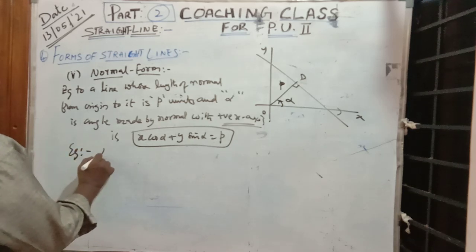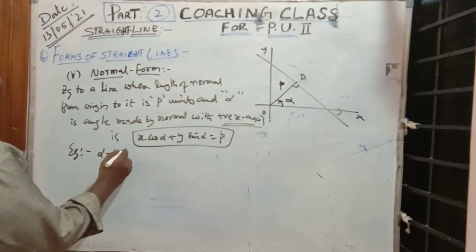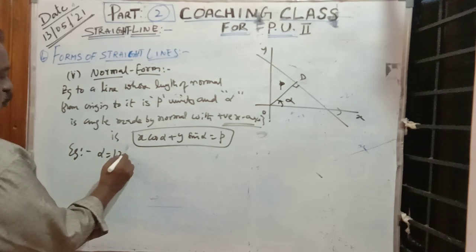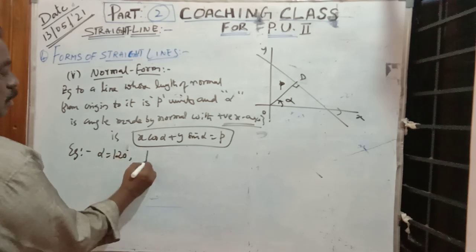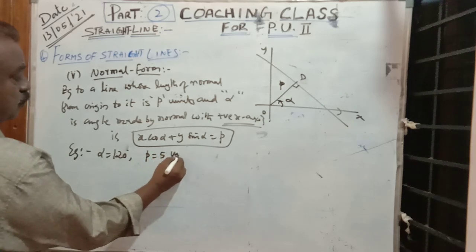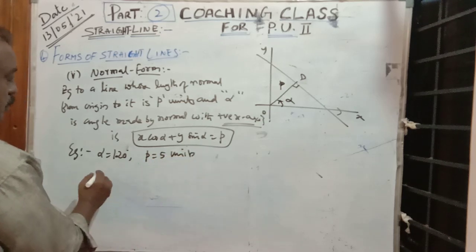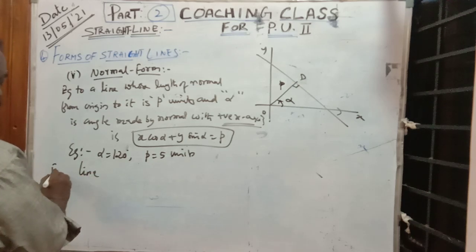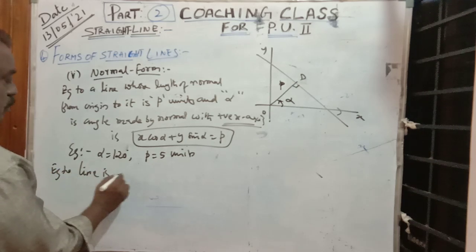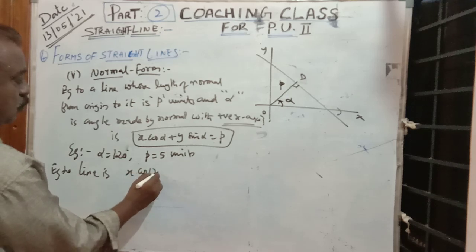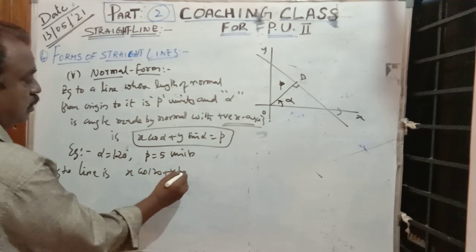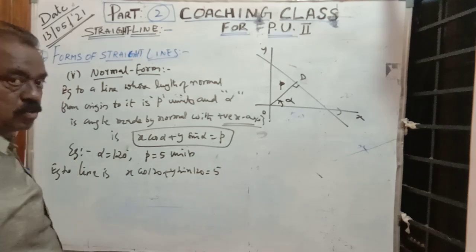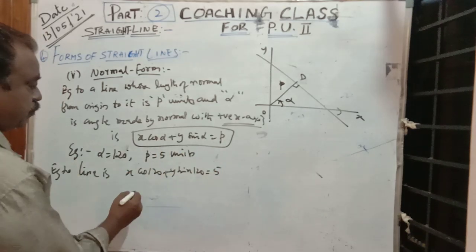Suppose one example, alpha is equal to 120 degrees, and p is equal to 5 units. Then the equation of the line is x cos 120 plus y sin 120 is equal to 5.